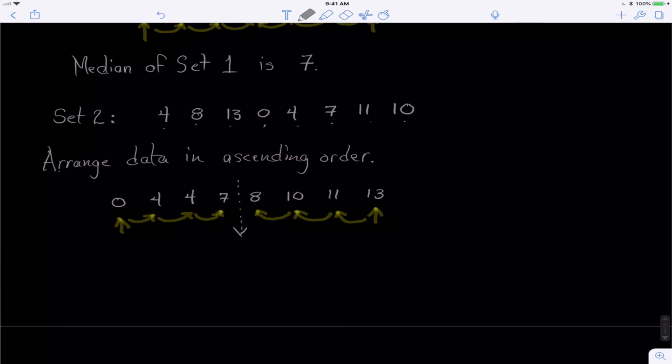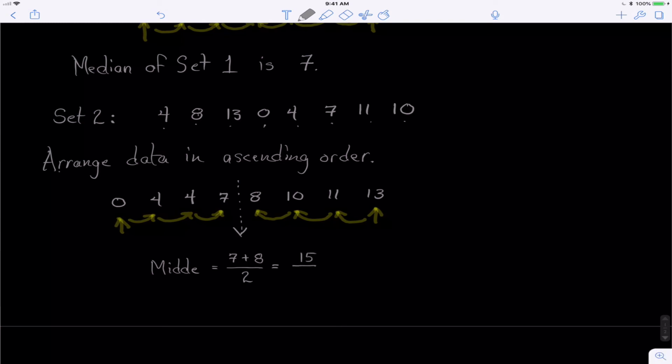Now, if you're not sure how to find the middle of two values, I'm going to show you. 7 and 8 you could probably guess, but let's actually check. You add the values: you take 7, add 8 to it, and then divide that result by 2. So 7 plus 8 is 15.